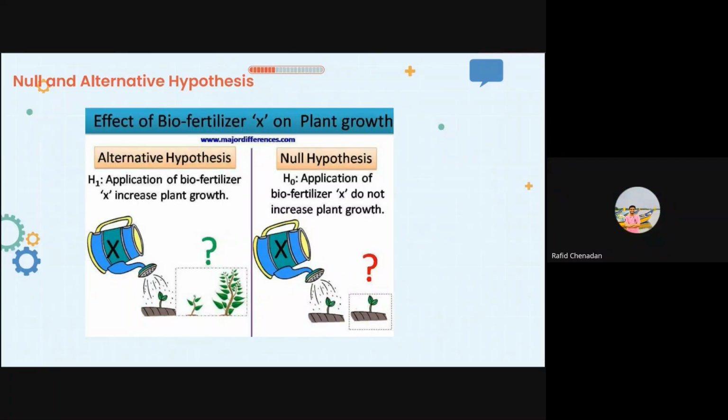Now you see the difference. A null hypothesis is always the opposite of the alternative hypothesis. So when you say a study rejected the null hypothesis, that means the alternative hypothesis is accepted.